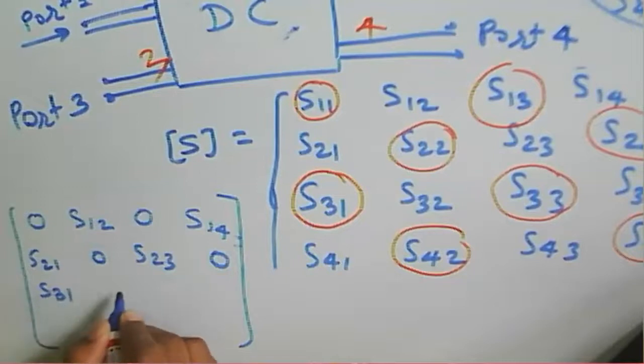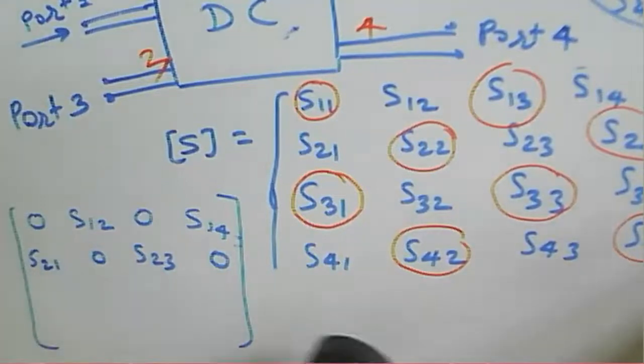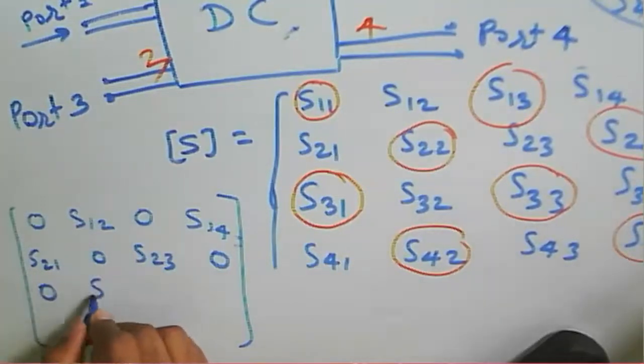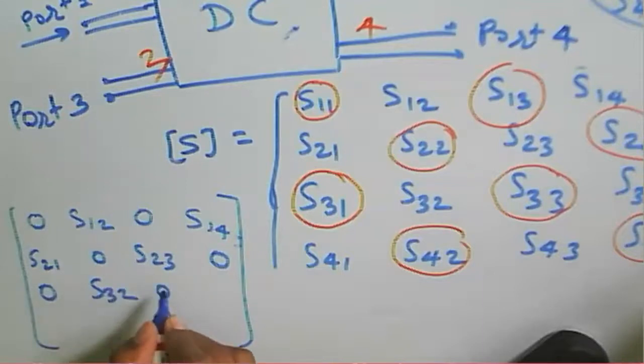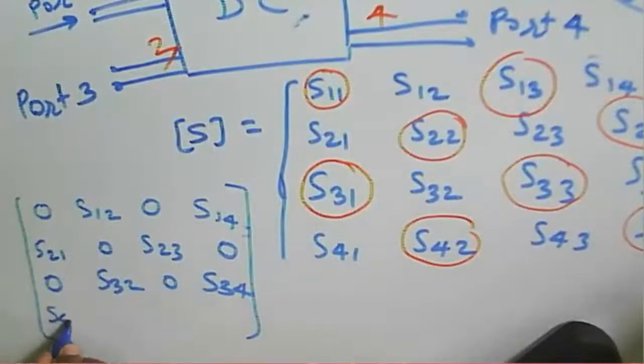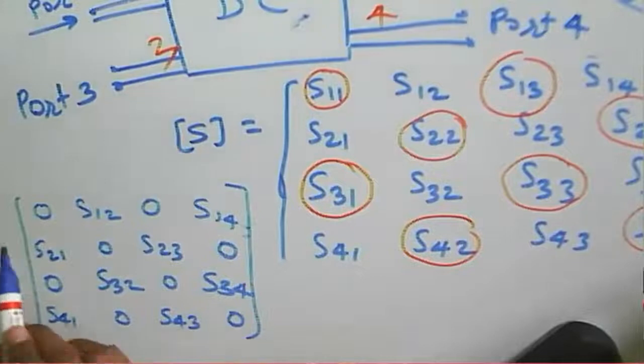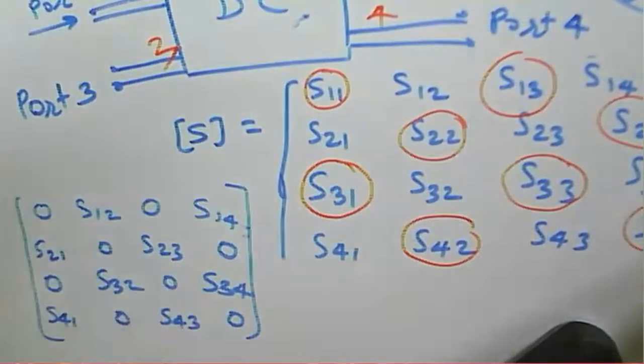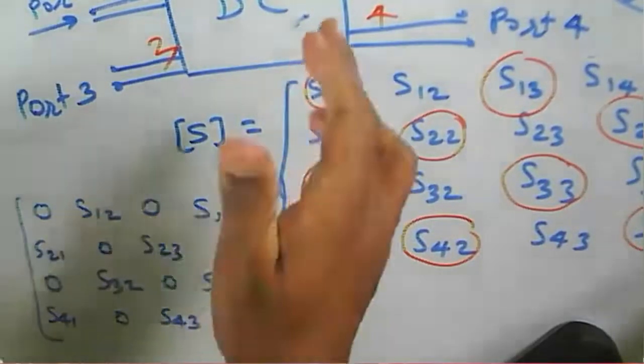Alternate terms are 0. S31, this one is 0 here, S32, then 0, S34. Then S41, 0, S43, 0. In each row and column, alternate terms are 0.